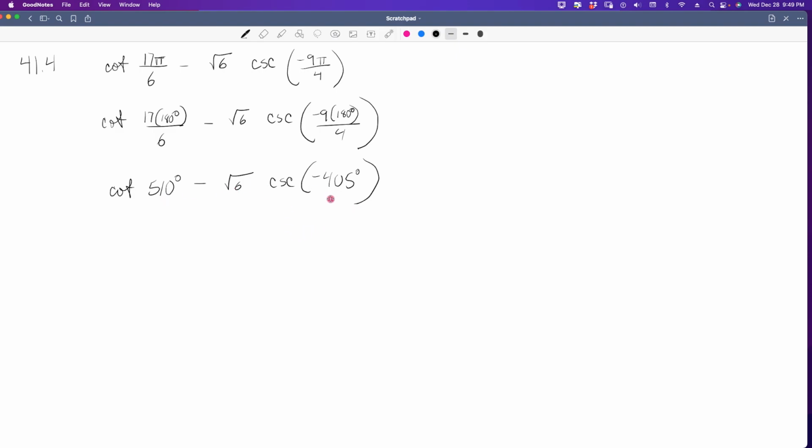All right, so both of these are over rotations of the 360-degree coordinate system. So we're going to subtract from 510 to figure out where this lives.